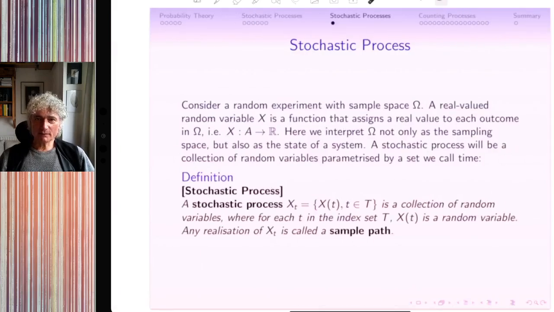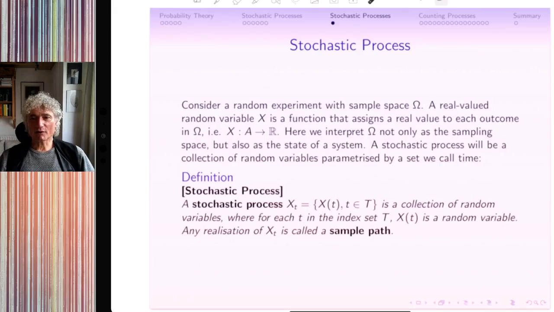Okay, now we come to the stochastic process. Consider a random experiment with a sample space omega. A real valued random variable X is a function that assigns a real value to each outcome in omega. So we have the random variable is a mapping from omega to R, to the real numbers.